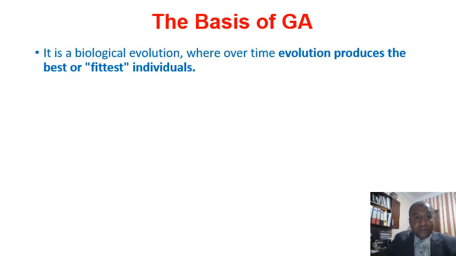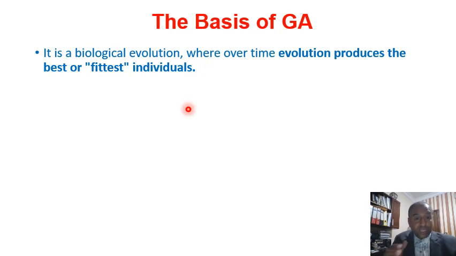So the basics of genetic algorithms are, first of all, it emulates the biological evolution. Over time, the evolution produces better or fittest individuals. We have a population of individuals and we want to evolve from this population to better generations.